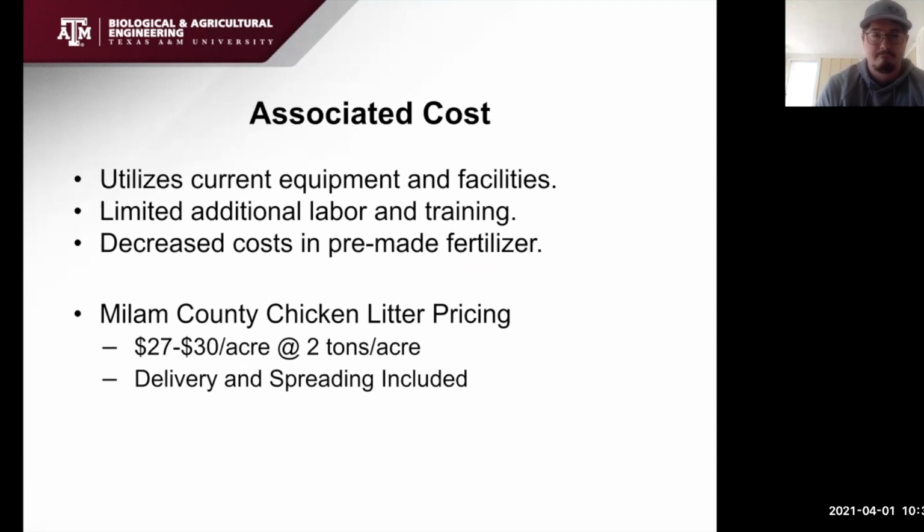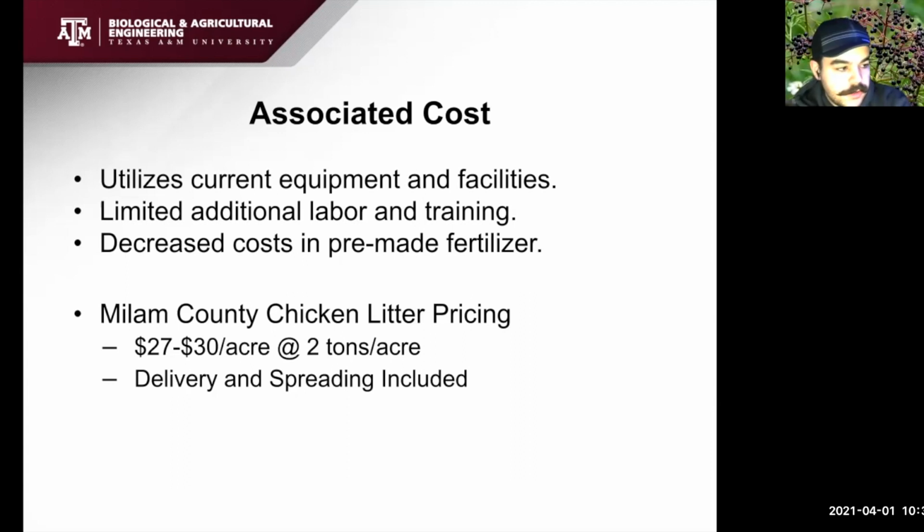Oh, no worries. And are you guys going to produce enough to completely offset the use of pre-made fertilizer? Yes. Okay. Are you guys going to be making a surplus, or are you just making enough to cover your own fertilizer needs?